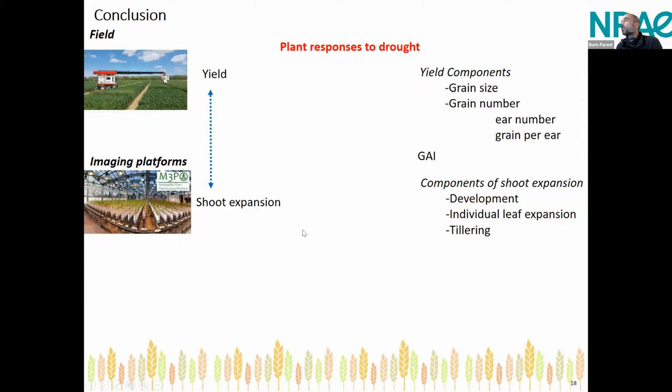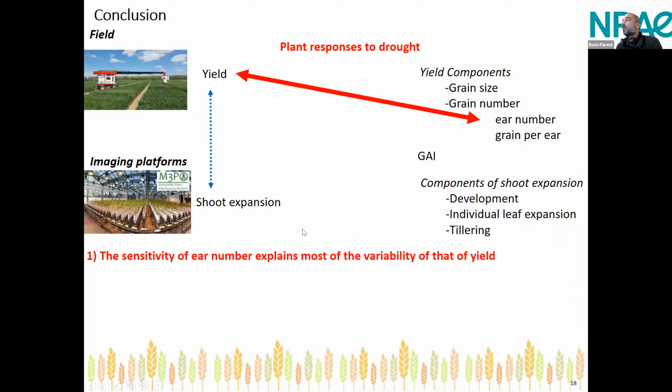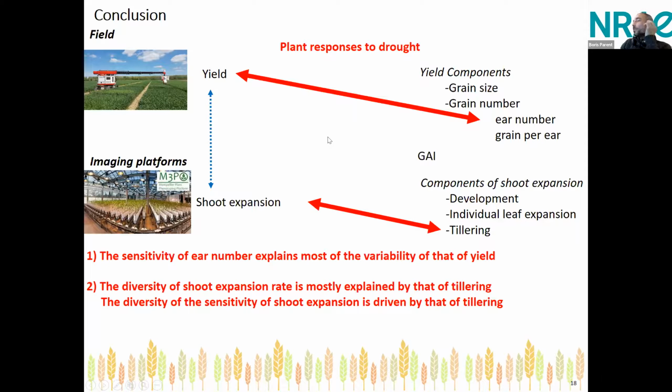So the conclusion is that the sensitivity of ear number was explaining most of the variability of yield in the field. The diversity of shoot expansion rate was mostly explained by that of tillering, and the diversity of the sensitivity of shoot expansion was also driven by that of tillering.